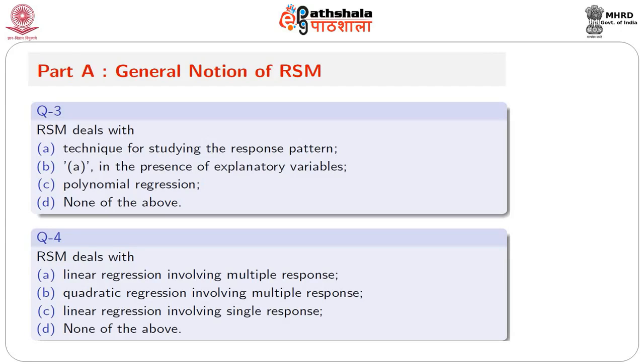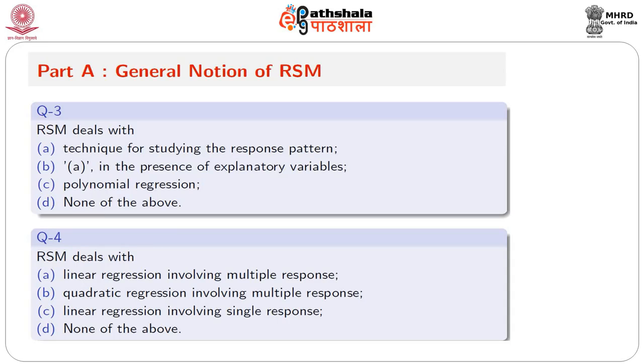The first two questions are like that. Now we are slowly heading towards that. It says technique for studying the response pattern, yes. In the presence of explanatory variables, yes, because here the concept of regression is coming. Polynomial regression, none of the above. So the closest answer is B, which says the technique for studying the response pattern in the presence of explanatory variables.